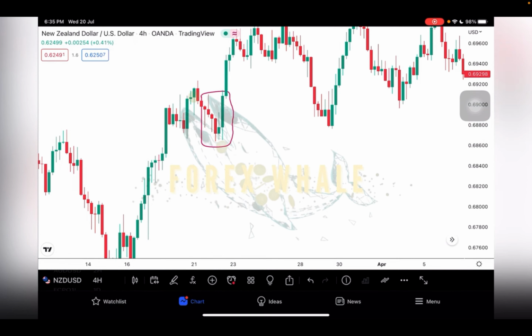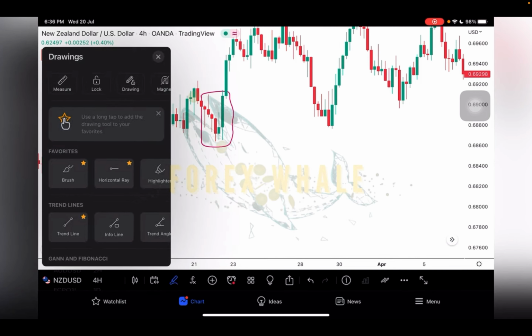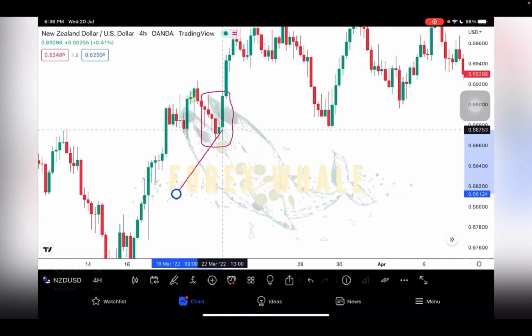You know why? The candle that engulfs must be a bullish candlestick, but the one it engulfs doesn't have to be just a bearish candlestick. So this is one example, right? A bullish candlestick engulfs the 3 previous.